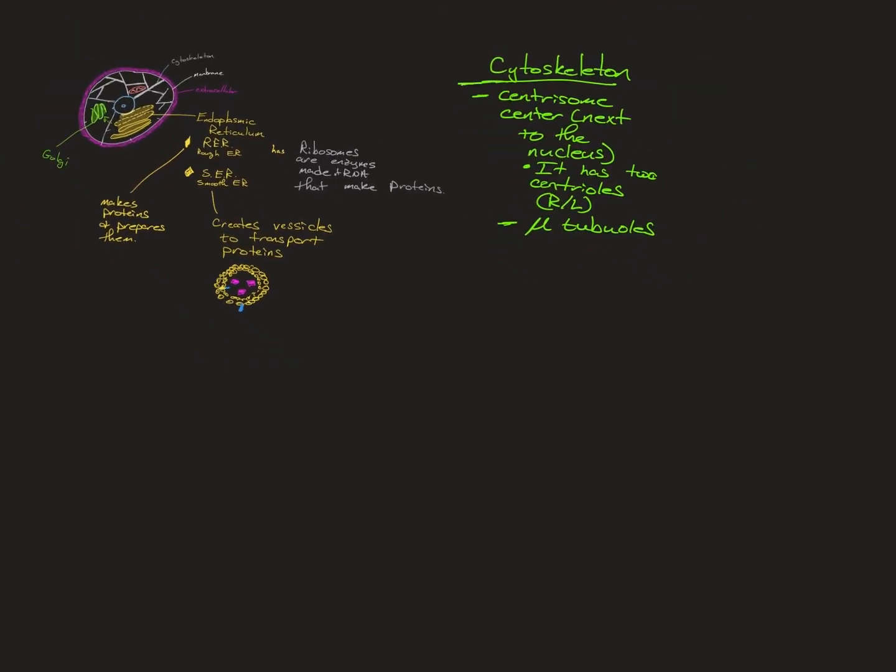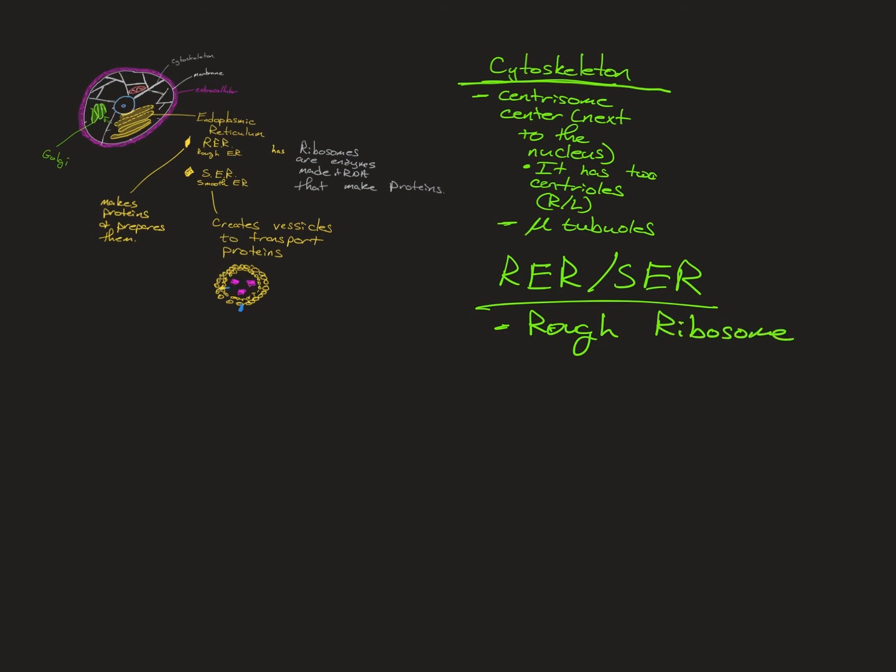Now, that being said, we know that we have the rough endoplasmic reticulum and the smooth endoplasmic reticulum. That's where ribosomes are on the rough. Ribosomes make proteins.